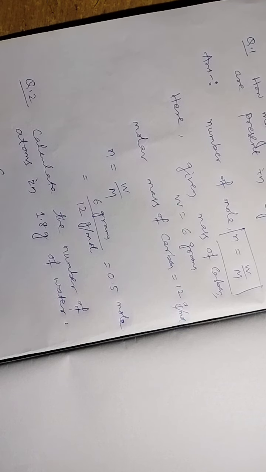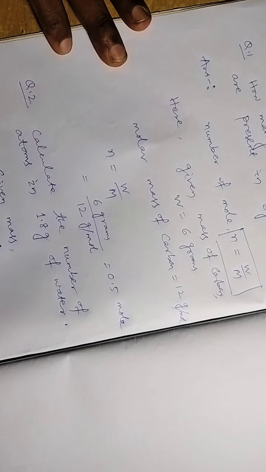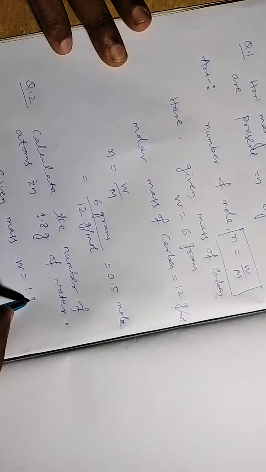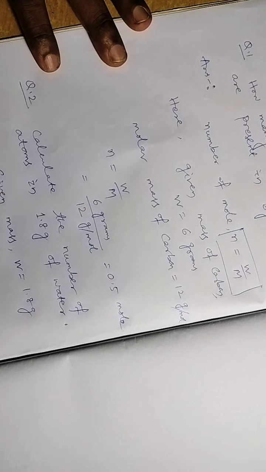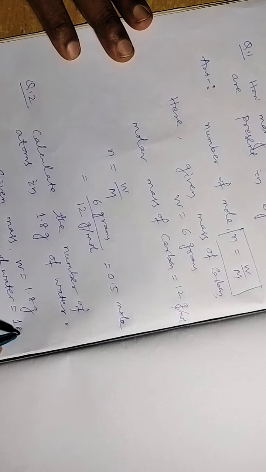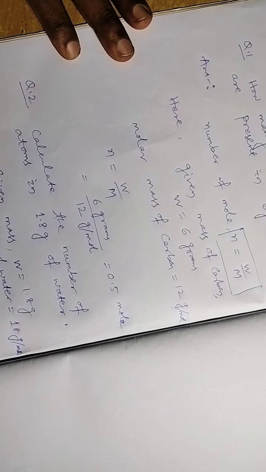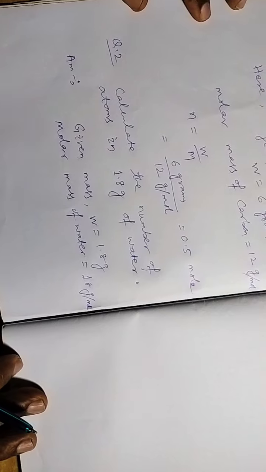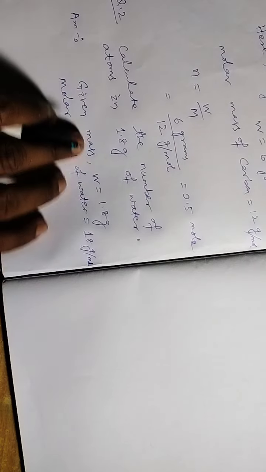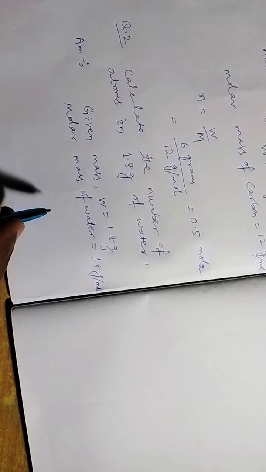So here given mass W is equal to 1.8 gram, and molar mass of water is 18 gram per mole.